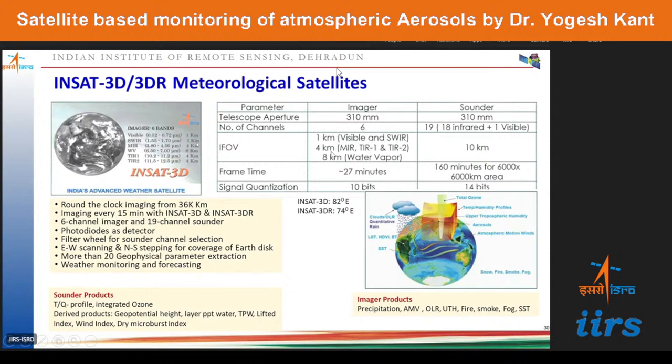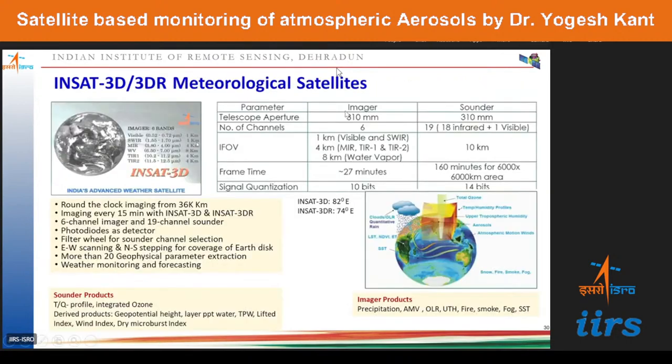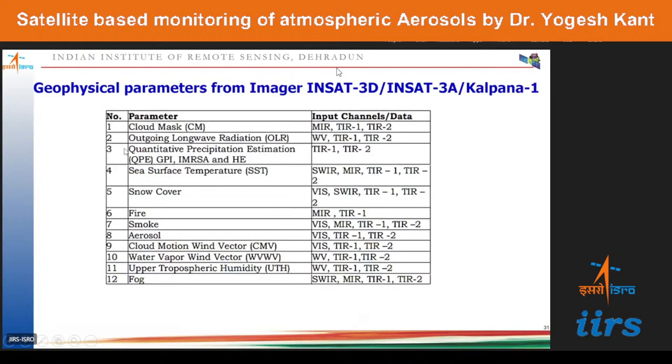So these sensors are useful not only for the atmospheric aerosol concentration, but also for different products. If you see the list of the products, the imager channels can be used to estimate the cloud mask and the outgoing longwave radiation. This also helps to estimate the precipitation, that is the rainfall.